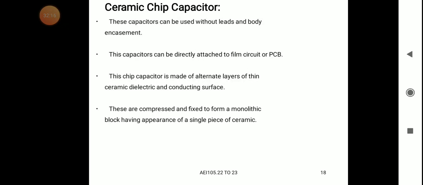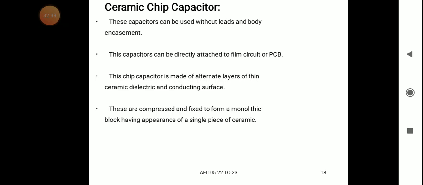This type of capacitor is directly attached to whatever circuit we are using, or to the printed circuit board. This chip capacitor is made up of alternate layers of thin ceramic dielectric and conducting surface.